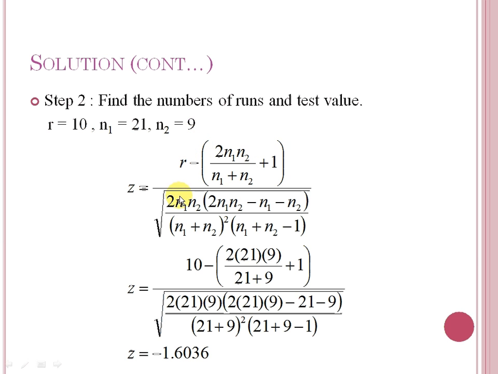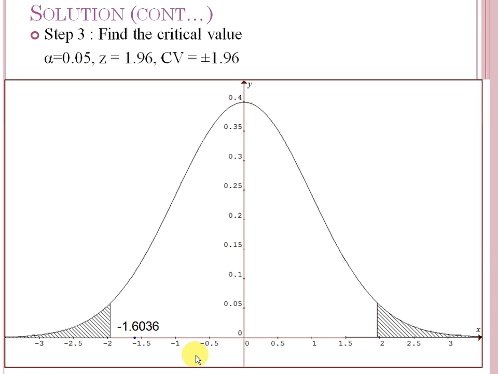So N1 is 21 and N2 is 9, and we substitute all these values into this formula, and we get Z equal to negative 1.6036. This is the test value. If we find the critical value with alpha equal to 0.05, Z alpha over 2 is 1.96, so the critical values are plus and minus 1.96.